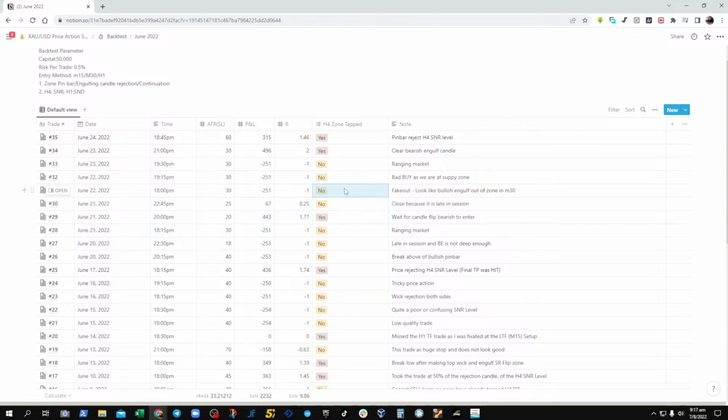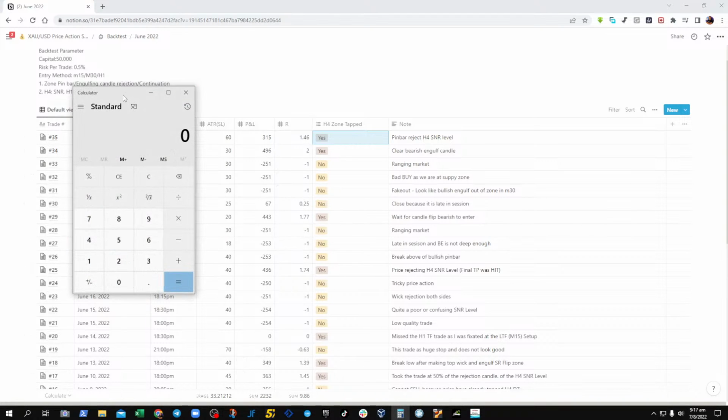Wednesday is a straight losing day again. Thursday is a winning day, and Friday is a winning day. So overall, this week looks like it's still a winning week. Let's do a quick maths on this one.